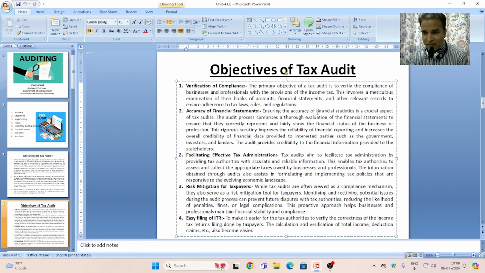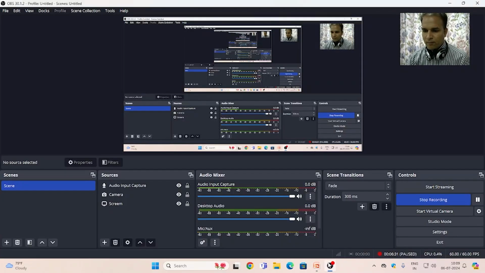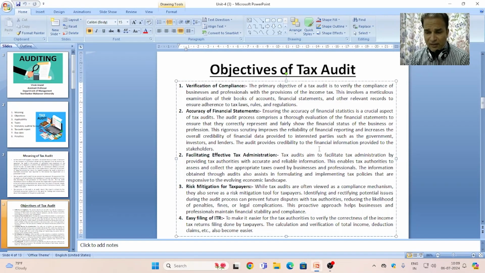This involves a meticulous examination of the books of accounts of a taxpayer concerning financial statements and other relevant records to ensure adherence to tax laws, rules, and regulations. Whether the tax laws, rules, and regulations are followed by the SSC or not.